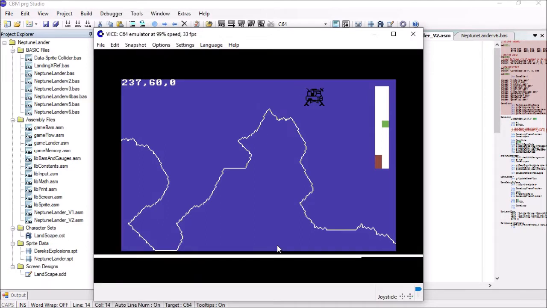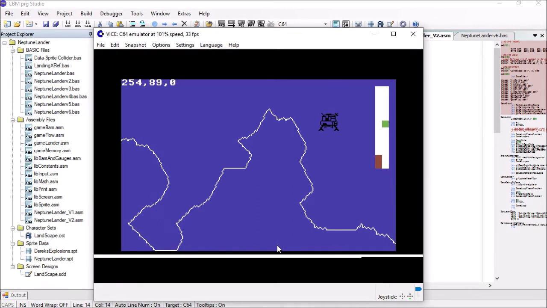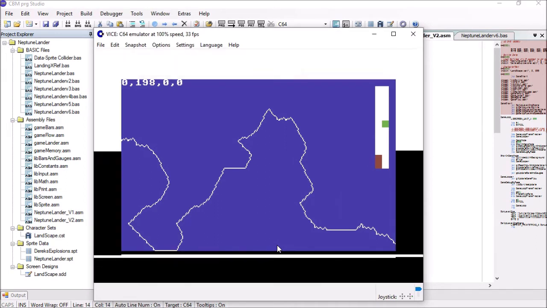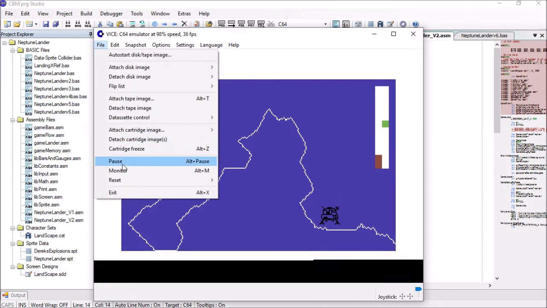Right, we go to 41, 50, right there. So if I go down, you'll see that the lander is just off the platform. If I go one more over, so 255, one more, bang, it's gone. Bring it back. Right, let me just pause this because that flashing is really annoying.